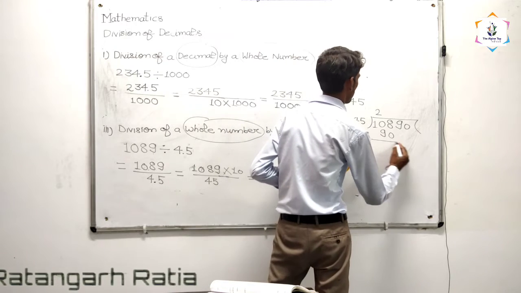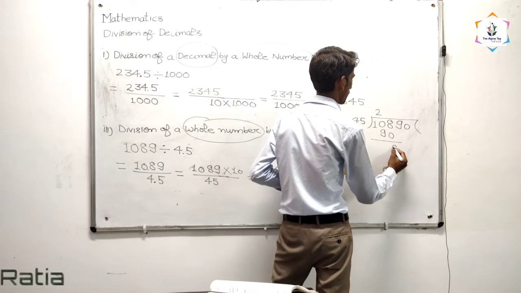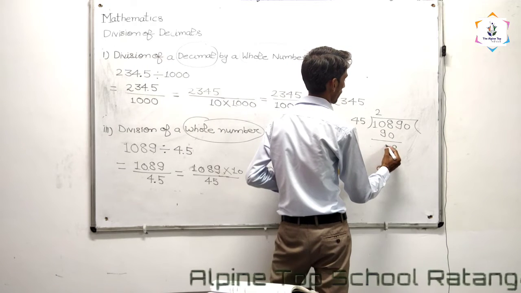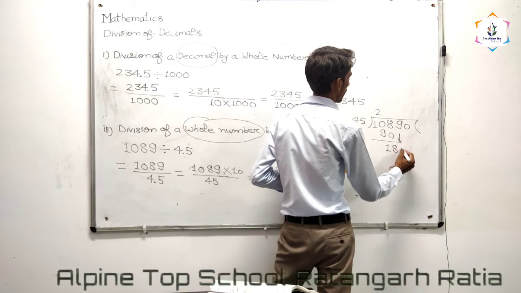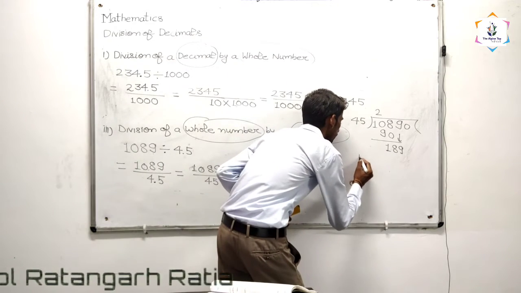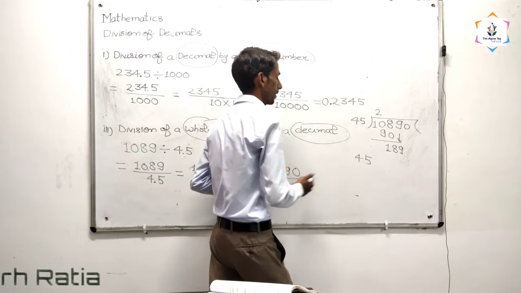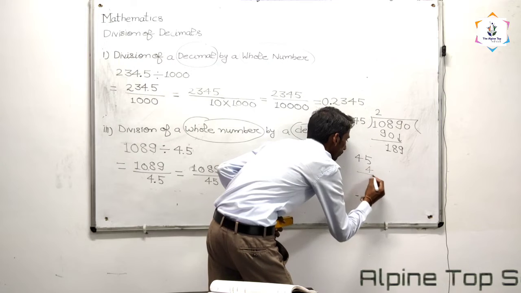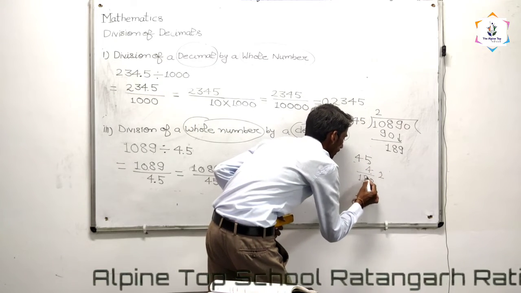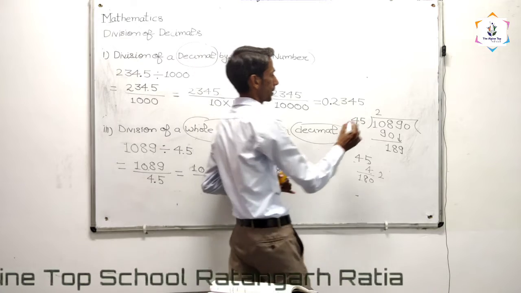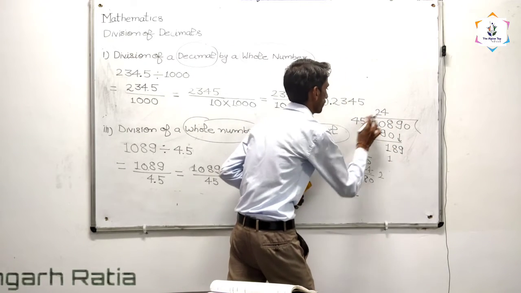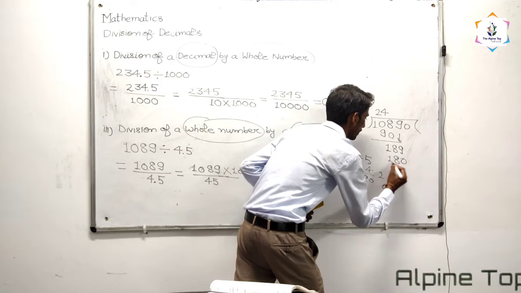Okay, subtract 0 from 8, when you subtract 9 from 10, you will get 1, 9 comes down. Okay, now see, 45 multiplied with 4: 4 5s are 20, 4 4s are 16 plus 2, 18, 180. It means that 45 4s are 180.